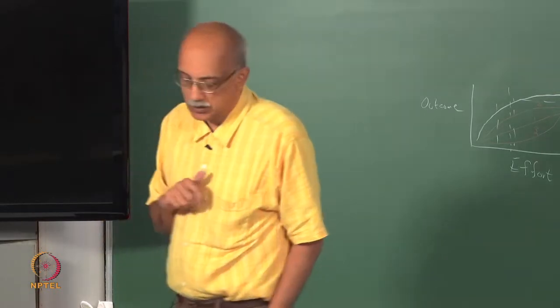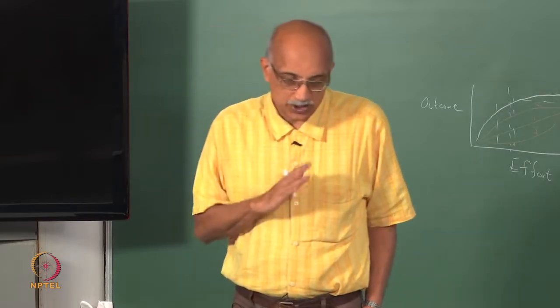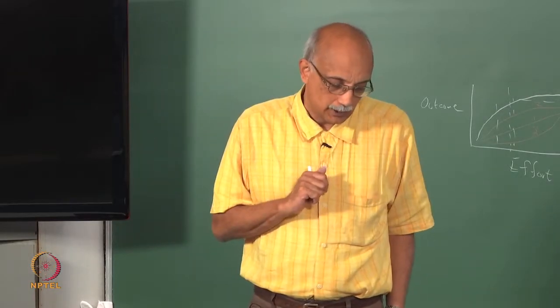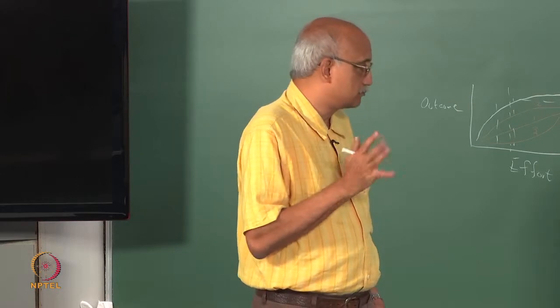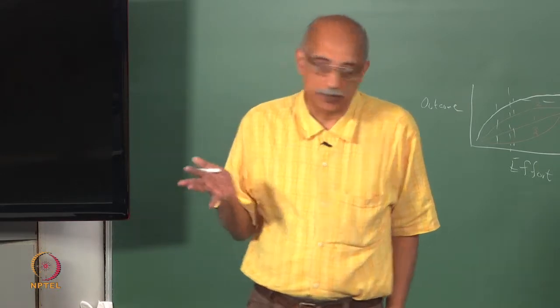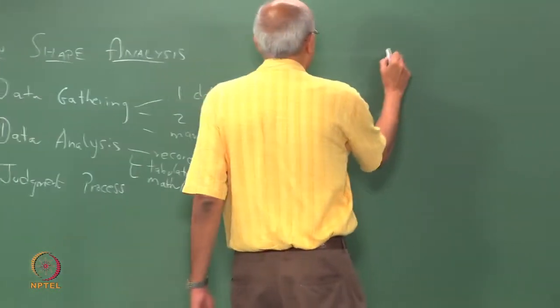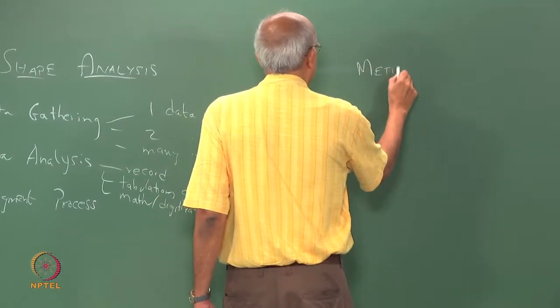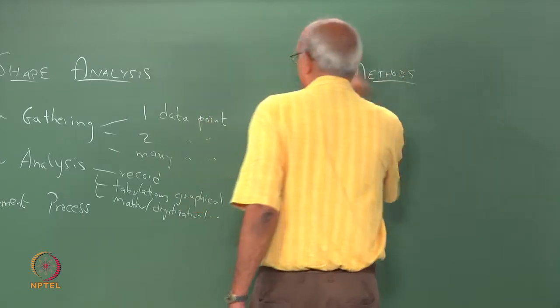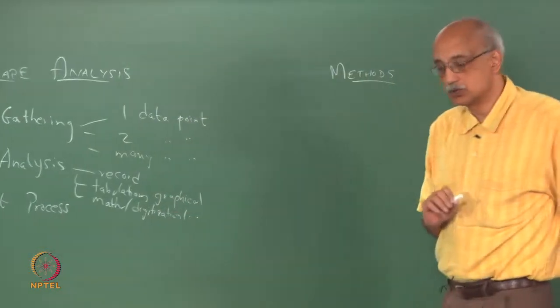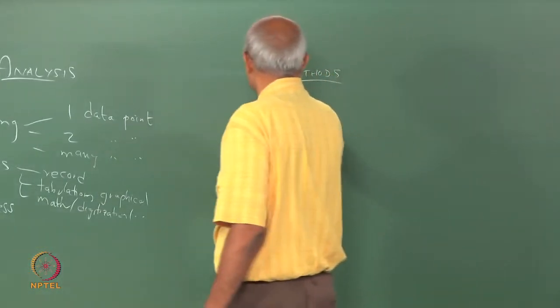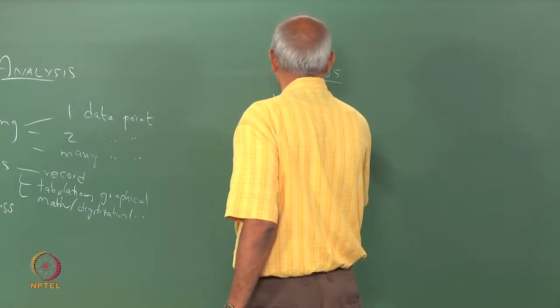Okay. Now, when we talk about shape analysis, what are the different classes of methods of shape analysis? Now, these can be broadly subdivided into 4 categories. The first is based on single particle analysis.